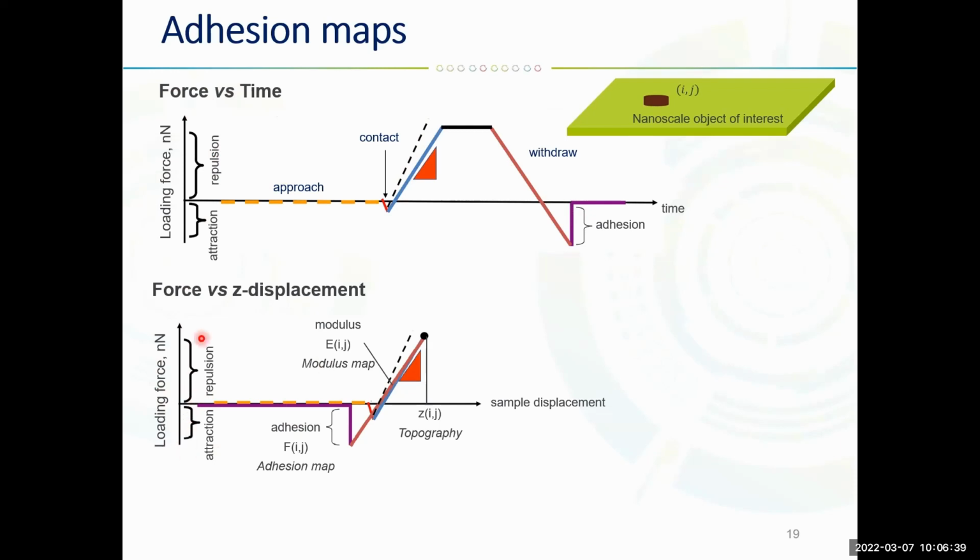On the y-axis, this is the loading force in nanonewtons. Each feature in that force versus displacement curve can be mapped into a three-dimensional map, and this gives you information about the sample.